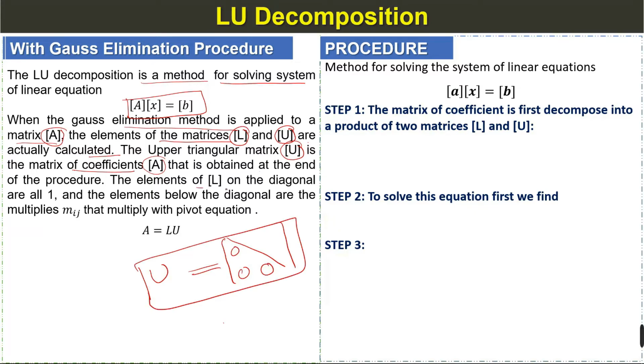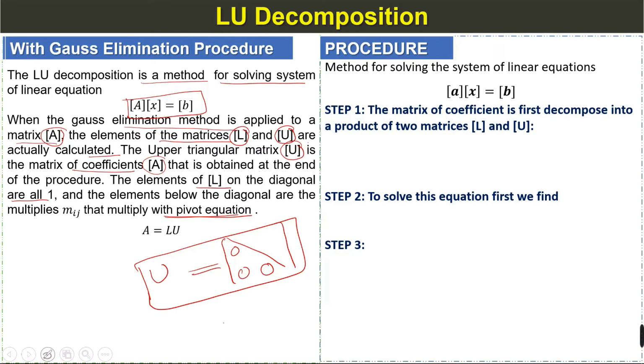And the elements of the lower triangular matrix on the diagonal are all ones, and the elements below the diagonal are the multipliers Mij that multiply with the pivot equation. I will show you this when we explain the example related to the Gauss elimination procedure.